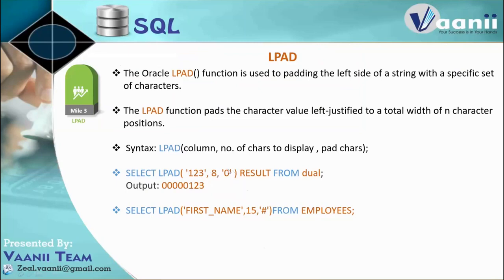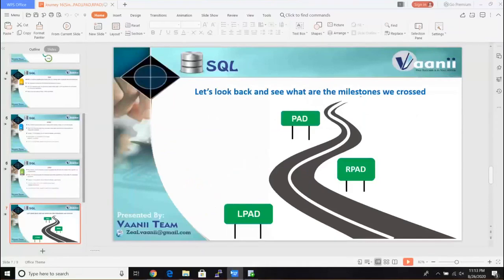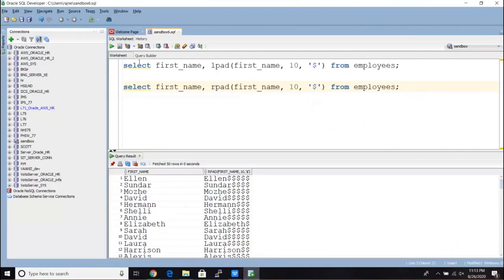I'm just going to pad on the left side by 0. Let's see an example of this in SQL. I wrote a query to display first name and pad on the left side. How many total characters do we want to display? 10. And I want to pad the left side with the $ symbol.